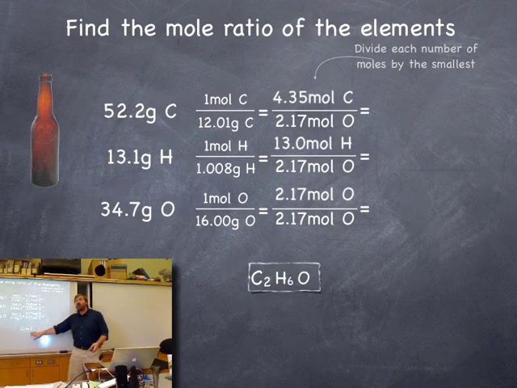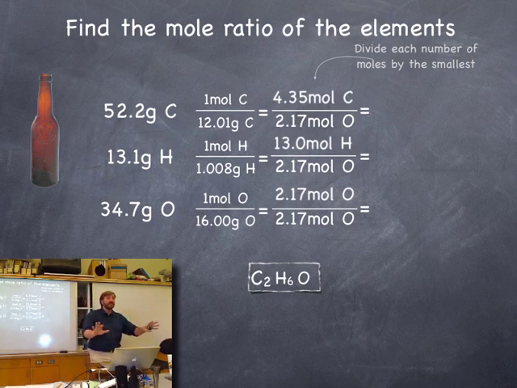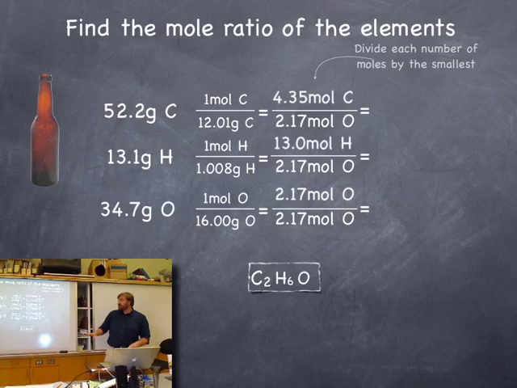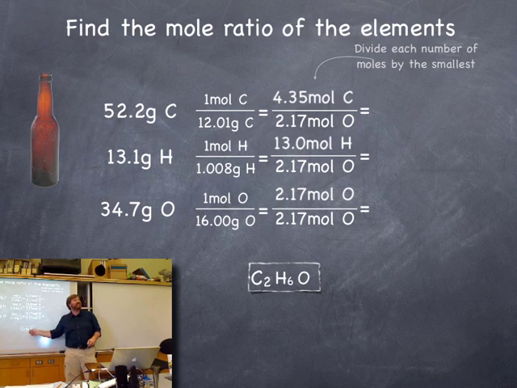This is what we call an empirical formula. The empirical part of that means that it's an experimentally determined formula. Empirical formulas are always lowest whole number ratio. Okay? So the actual chemical formula is not necessarily this formula, but it is some multiple of this formula.